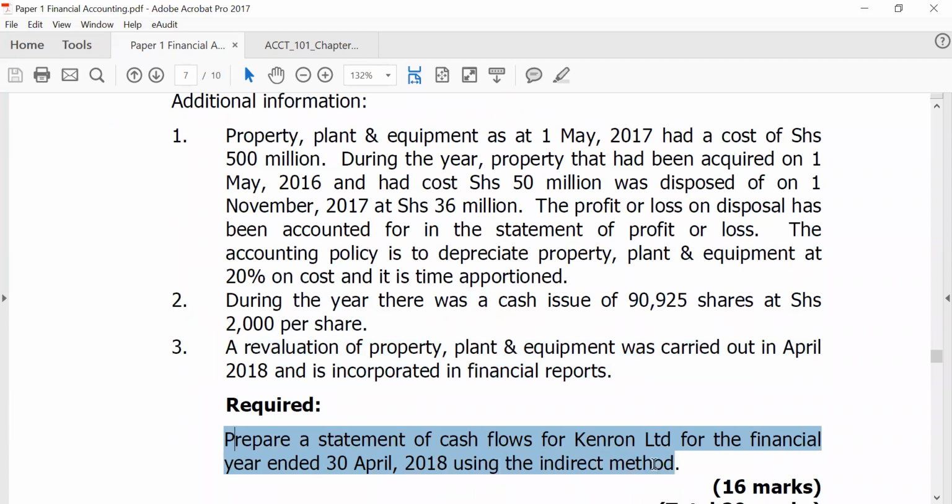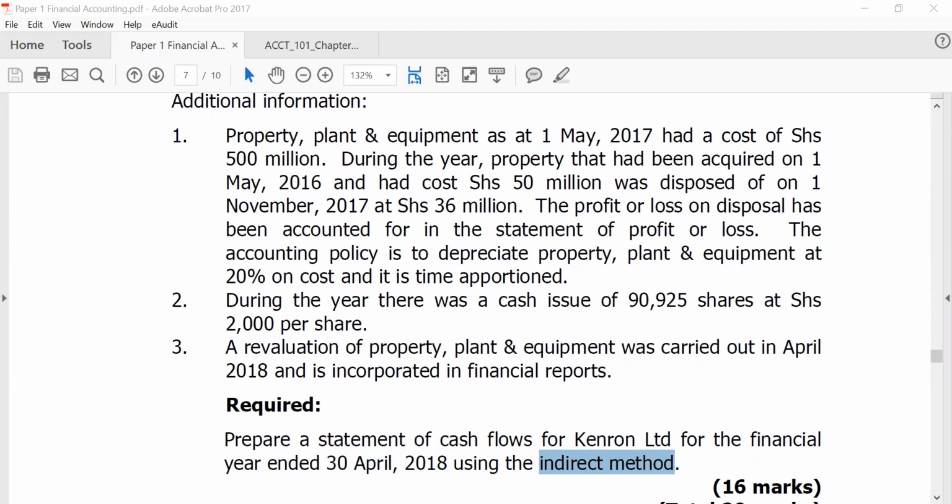So the examiner is asking us to prepare the statement of cash flows for Kenron Limited for the financial year ended 30th April 2018 using the indirect method. Like I said, there are two methods of preparing our cash flows. In this case, the examiner clearly brought out the method to use.